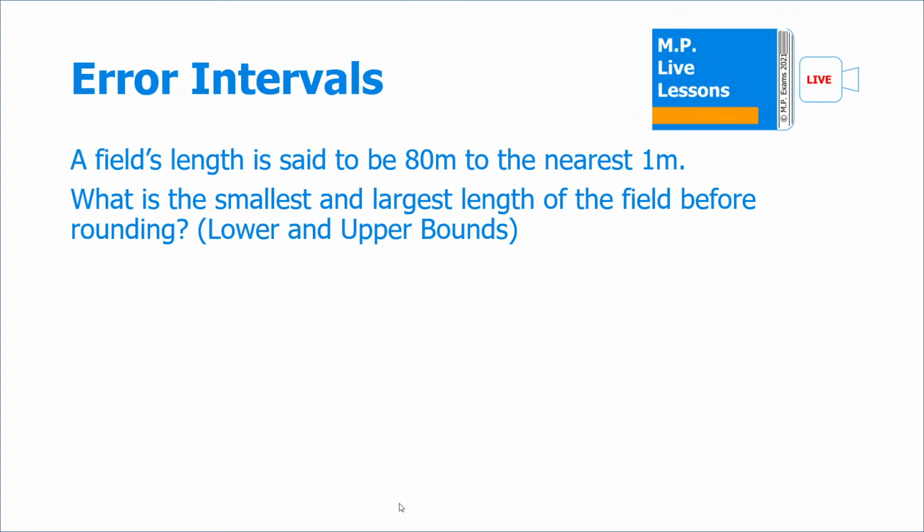Realistically, it could be anywhere between the lower, which is 79.5 meters, which it is including, and for the upper bound, it would be something like 80.4999 and so on, recurring.